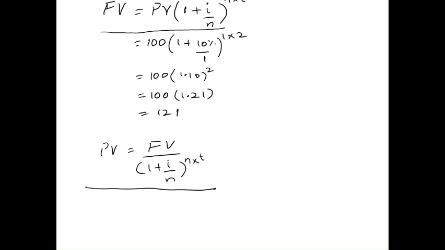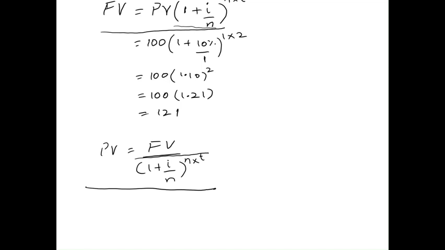Now we can rewrite this formula like this. We'll bring these values over here. So present value is equal to future value over (1 plus i over n) to the power of n times t. This formula can tell us that if we want a certain amount of money in the future, how much do we need to invest today?